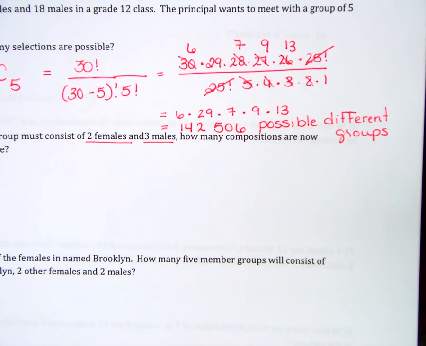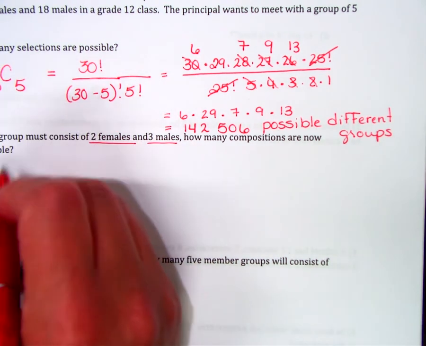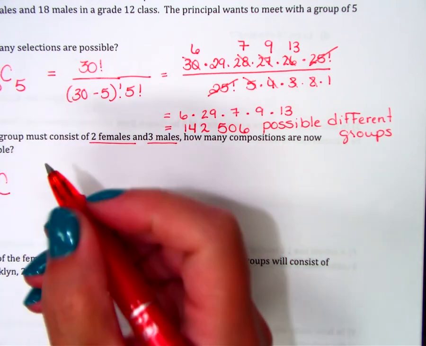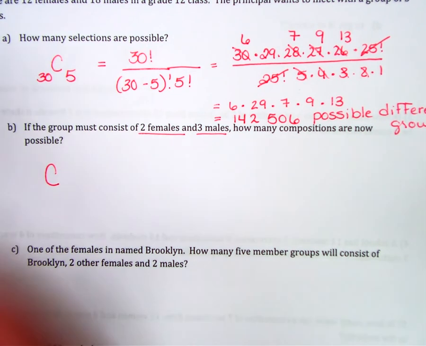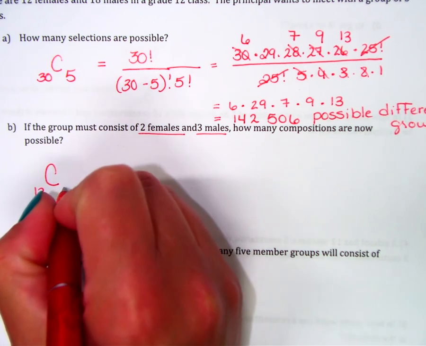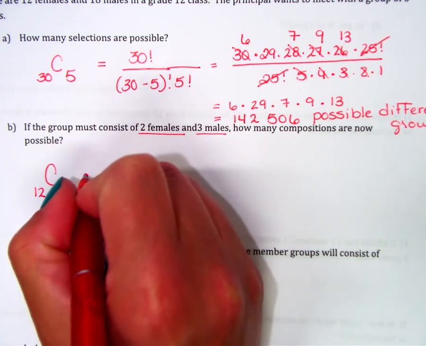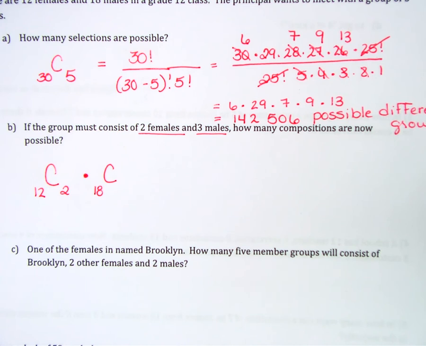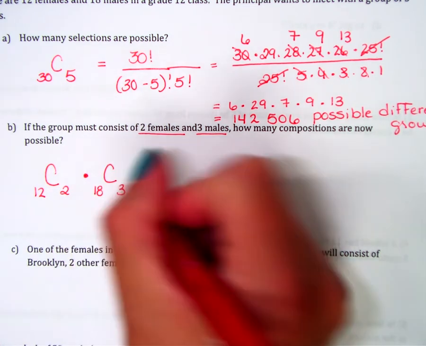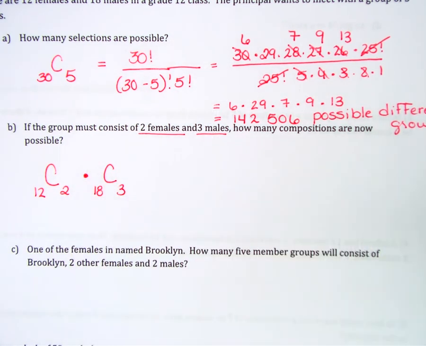So they have to be multiplied. We're going to do the female portion first. How many females do I have? 12. And how many am I choosing? I have 18 males, and how many of them am I choosing? So you're going to have to do it twice.